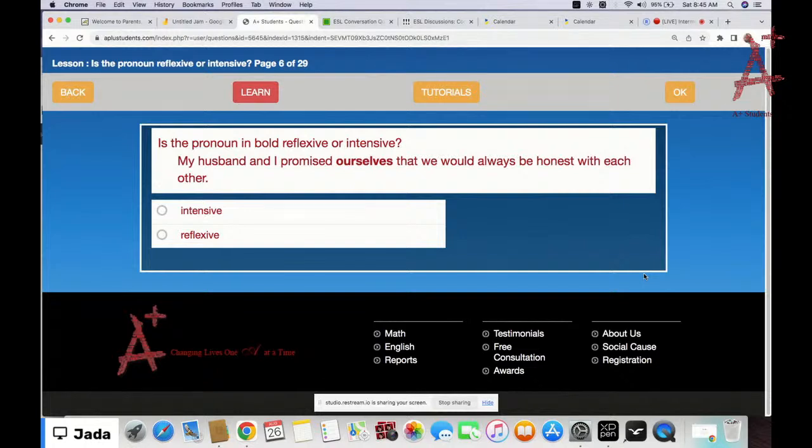No. Is there any object pronoun that you can switch up with? Himself, themselves? No. So what is this going to be? We can't, right?